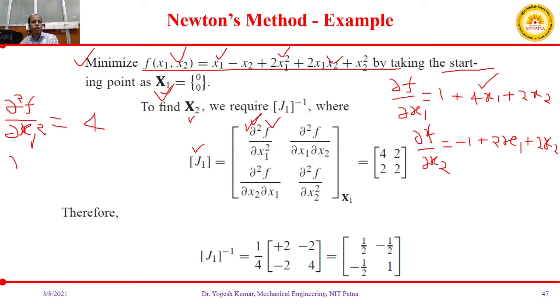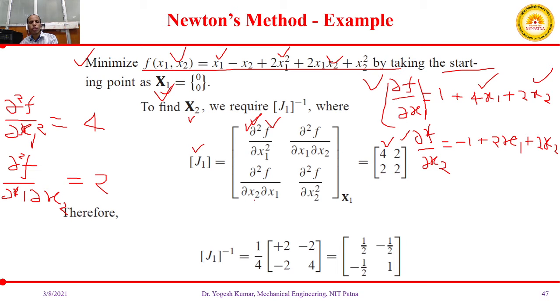And similarly, del square f over del x1 del x2: you are again taking the partial derivative of this function with respect to x2, so the value will be 2. So that is why it is written 4, 2.